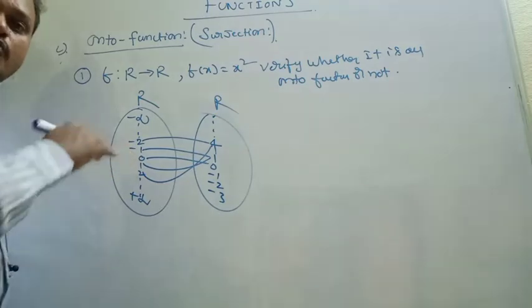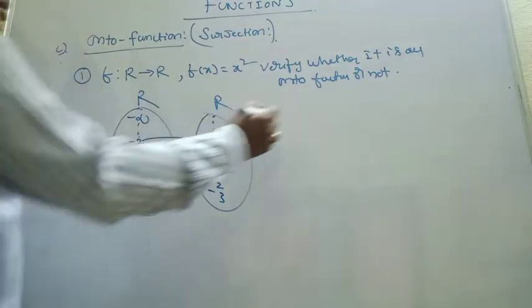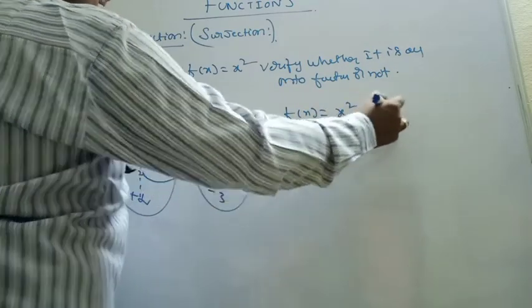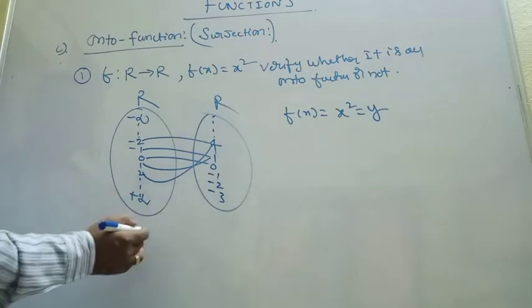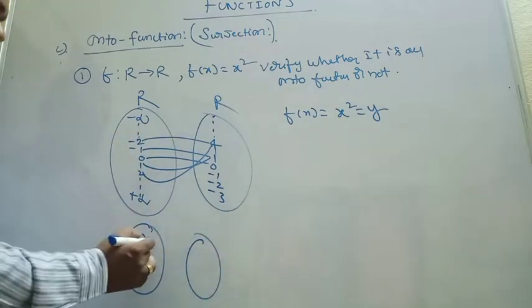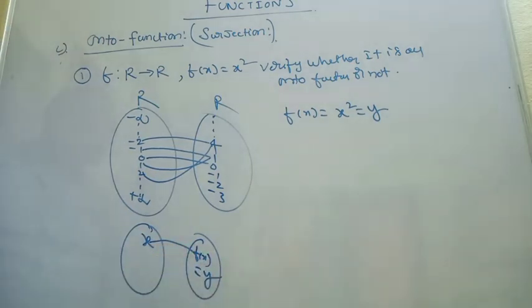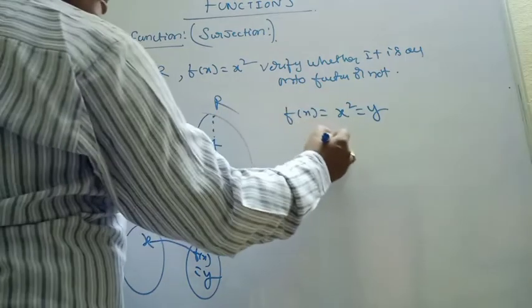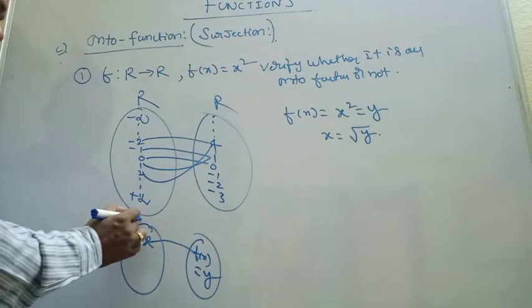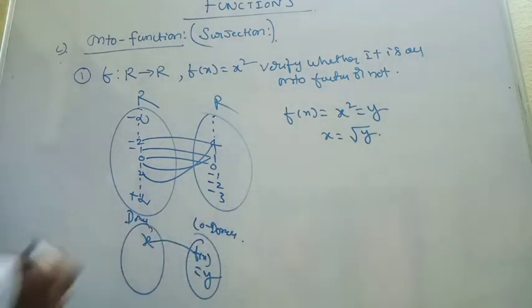That's why, to check whether it is an onto function or not, we are going to take f of x equal to x square, that is nothing but the image. Usually, whenever we have a function, if we have x and its image is f of x, we write it as y. So f of x equal to y, and we now have x is equal to root y. X is an element of the domain, and y is an element of codomain.